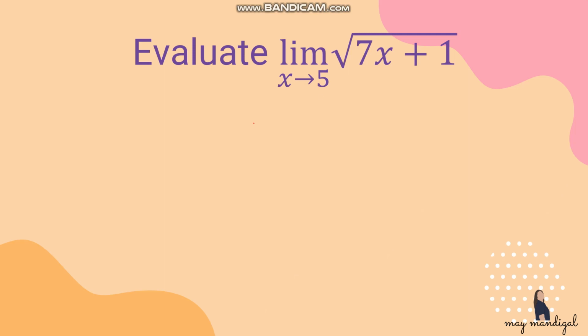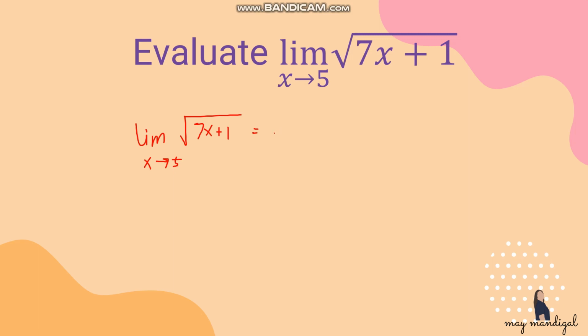Now let's try this example. Let's say we have to evaluate the limit of the square root of 7x plus 1 as x approaches 5. So what we can do is, let's write here as x approaches 5. You can get first the limit of the function inside the radical sign. Since it's 7x plus 1, that means it is a polynomial.